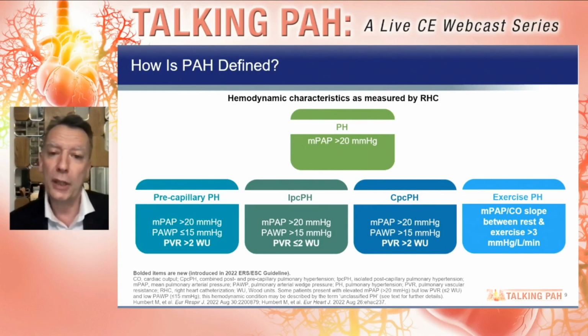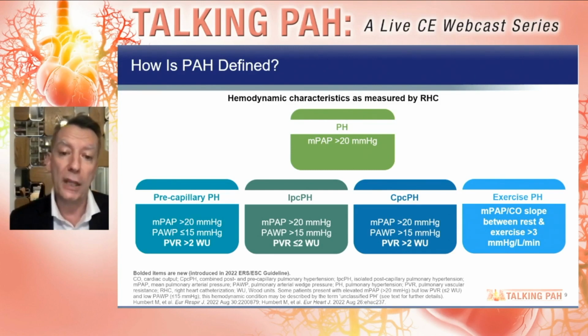So the hemodynamic characteristics of pulmonary hypertension are a mean pulmonary artery pressure strictly above 20 millimeter of mercury. This is exactly based on the question you just asked me, Aaron. We saw in the meta-analysis and systematic review that the mean PAP was 14 millimeters of mercury in the very large data set we could analyze, and the standard deviation was 3 millimeters of mercury.